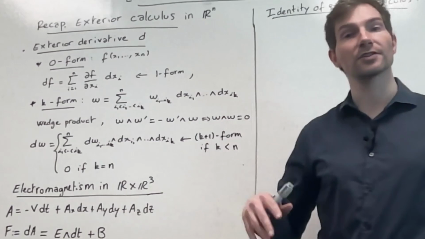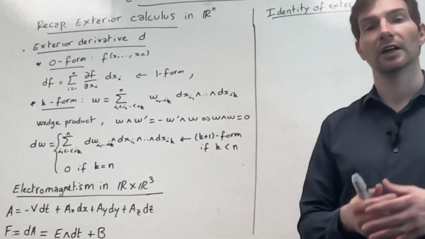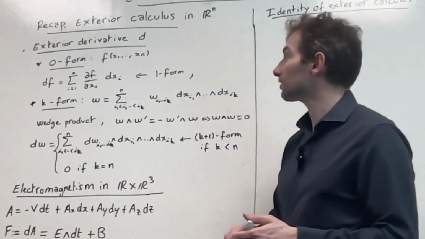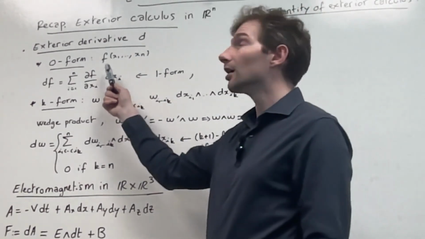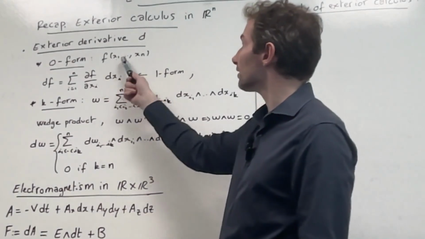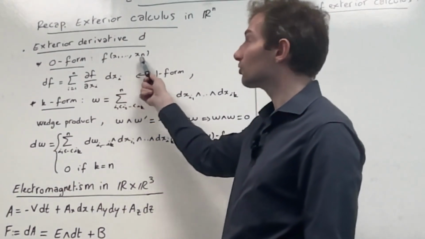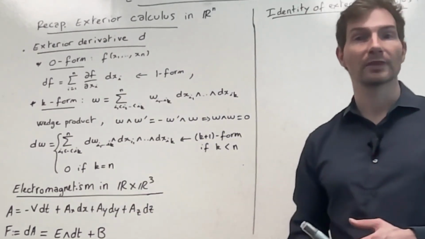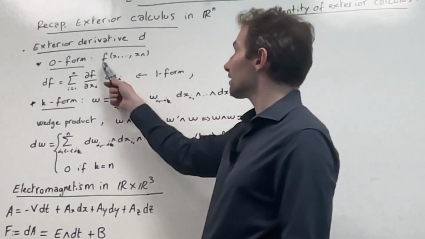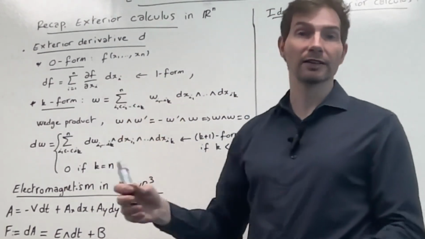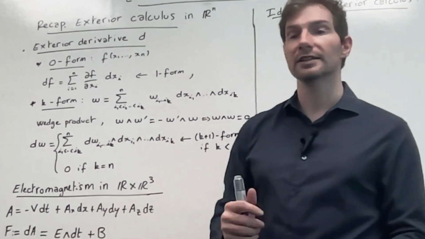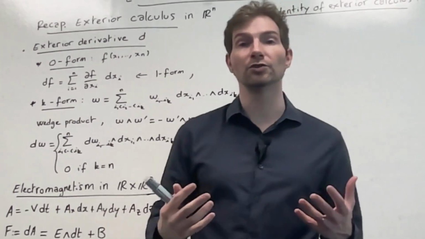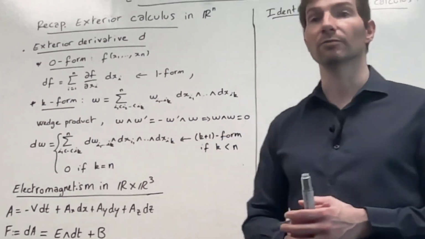So you look first at the notion of zero form. And a zero form is nothing but a scalar field. So it is basically a function that takes in an entry x1 to xn, so n variables, and then returns a number. Okay, so that's a scalar field, a so-called zero form, and then we, by definition, say that the exterior derivative of such a thing is what we usually call the total differential of the function.